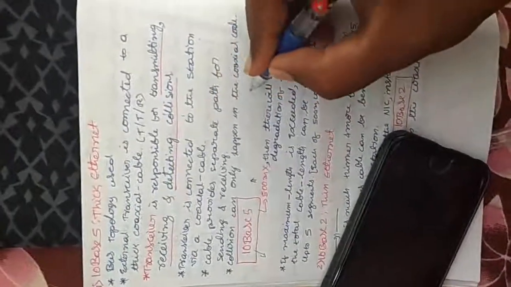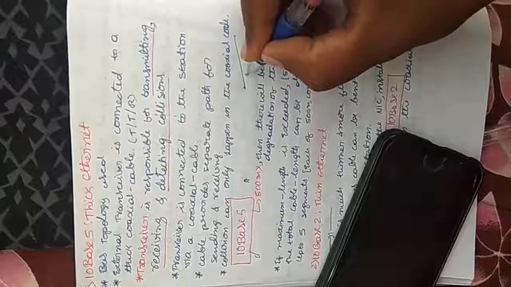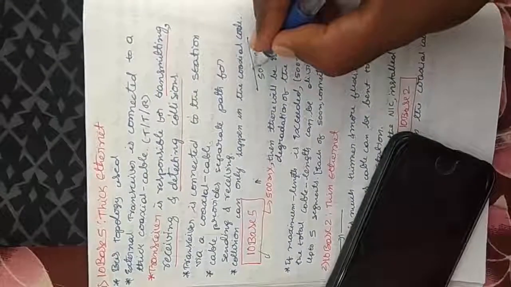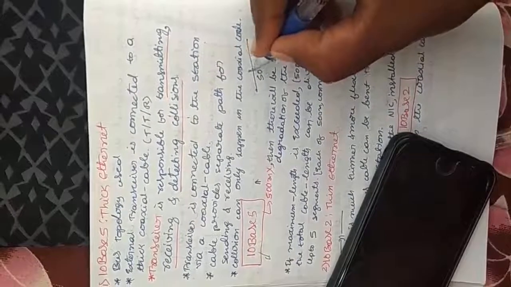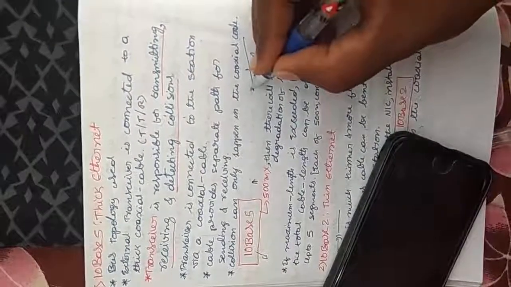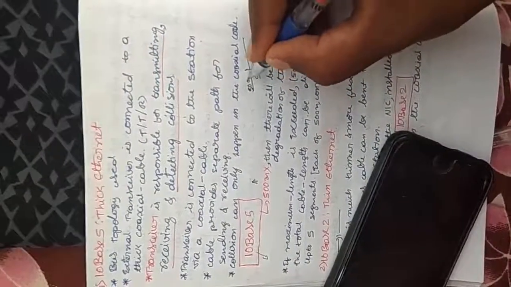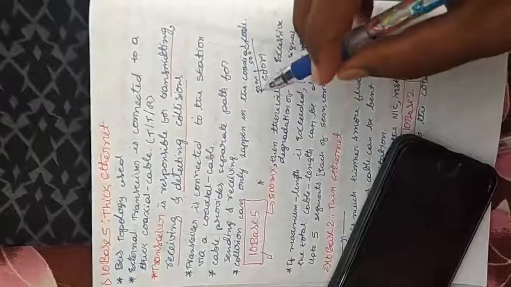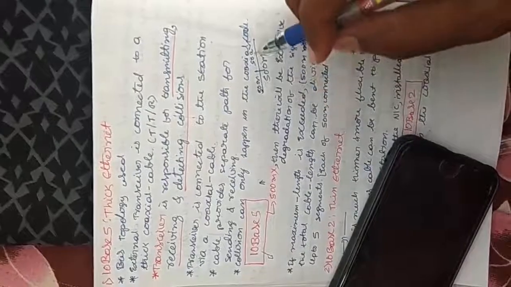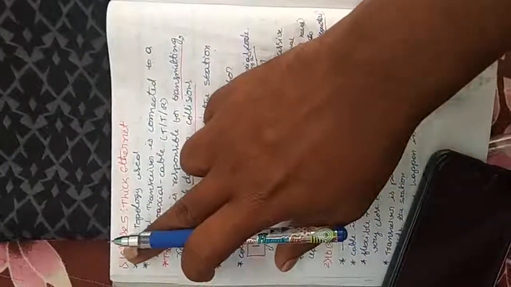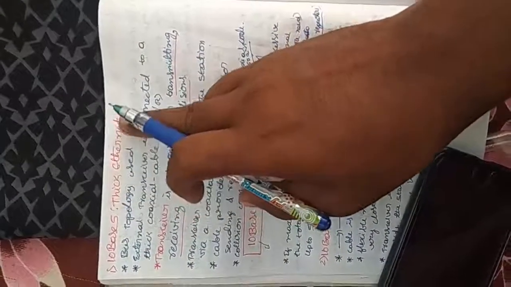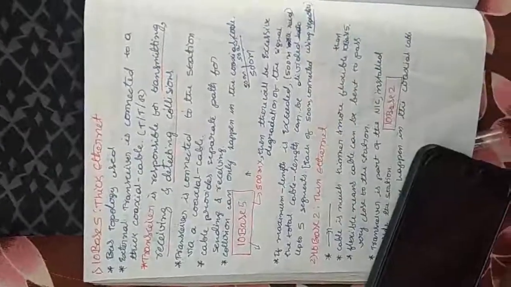Each part should be 500 meters. To connect these 500 meter cables, we use repeaters. This is 10Base5, which is thick Ethernet.